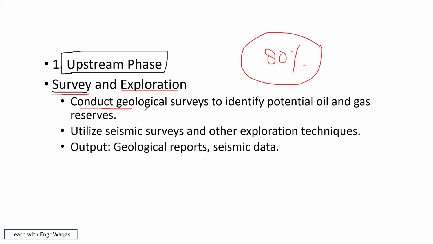You conduct geological surveys to identify potential oil and gas reserves, and utilize seismic surveys and other exploration techniques, geological reports, and seismic data. The industry which deals with such things, surveys, drilling, and exploration, these people are called upstream people.